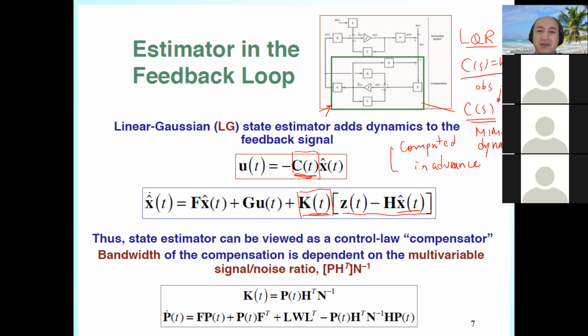That's a valid question, and that's why we need LQG. In LQG, you have an explicit cost to tell whether this pole position is better than that. In fact, we always say this is optimal if we have that J performance.